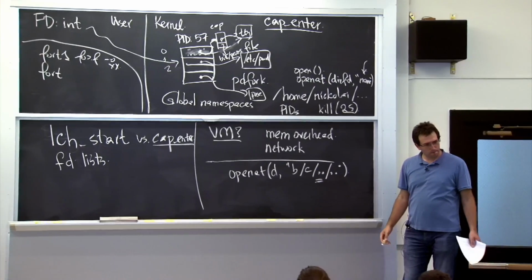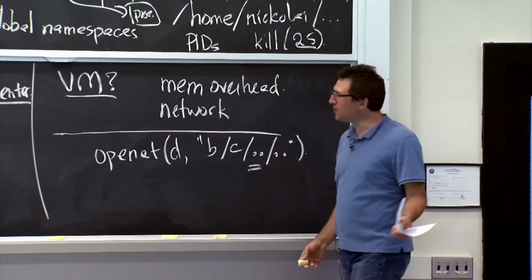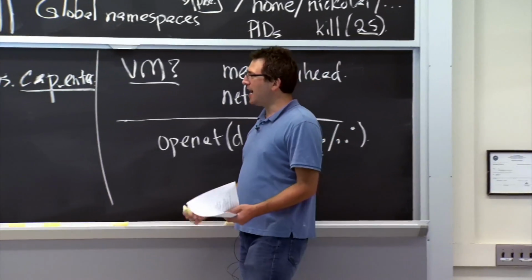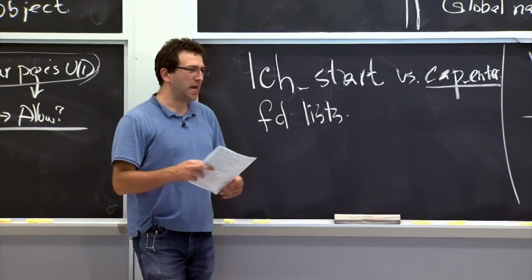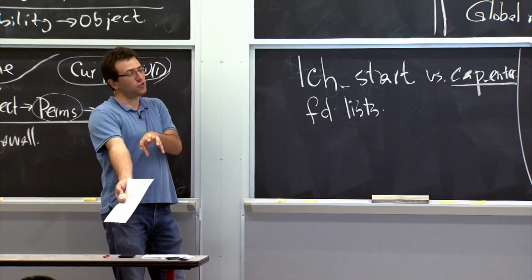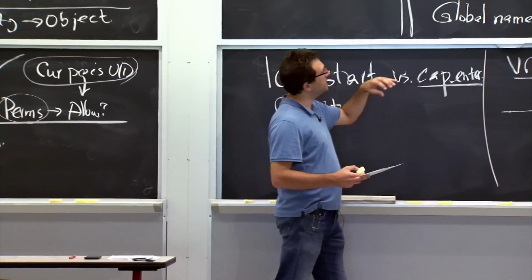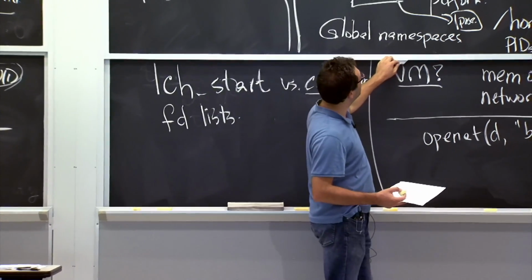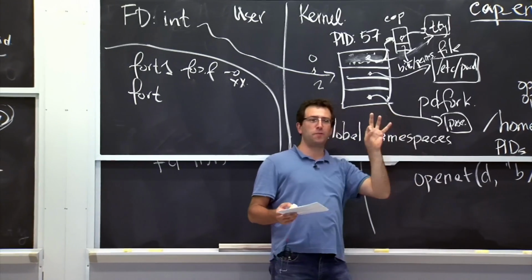Yeah? You could give each one a file descriptor with append-only mode to the log. Yeah, so that's actually pretty cool. We were talking last time about how in OKWS, the OK logd maybe could tamper with the log file, and who knows what the kernel will allow it to do once it has a file descriptor on the log file itself. But here, the fact that we can do much more precise capability masks on a file descriptor means we could give it a log file and say, you can just write to it but not seek.